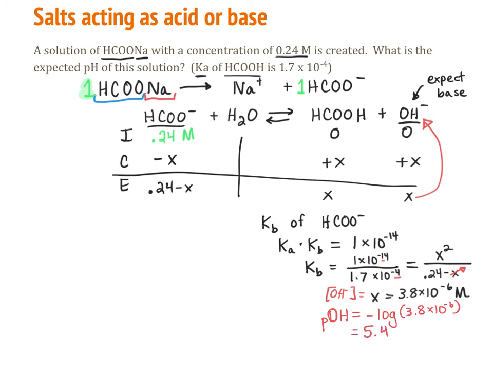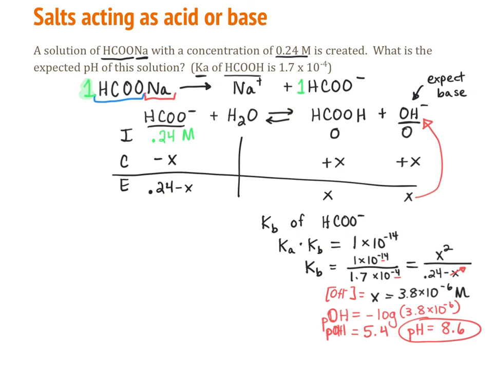I'm expecting something around 6 because the exponent is 6. So the pOH is 5.4, and I just take 14 minus 5.4 to get me the pH, which is 8.6. And I am expecting something that's basic, a pH above 7, so that matches my expectations and seems like a reasonable answer for this problem.